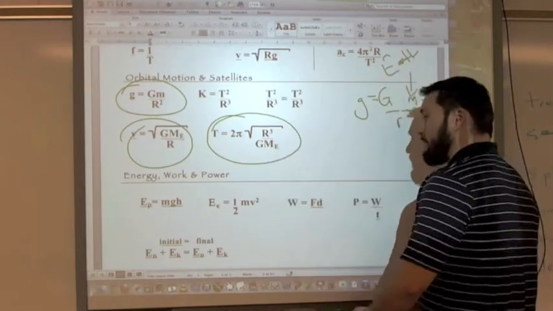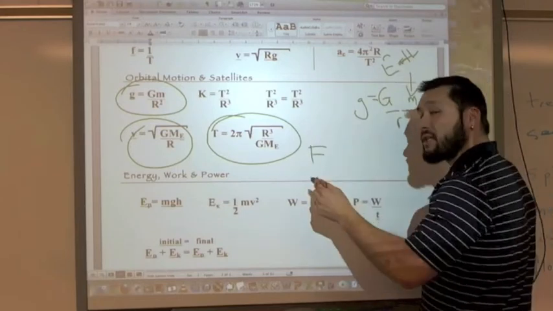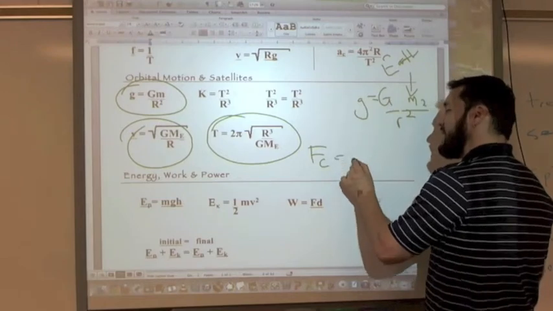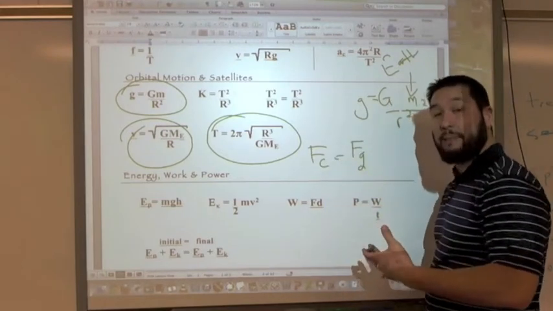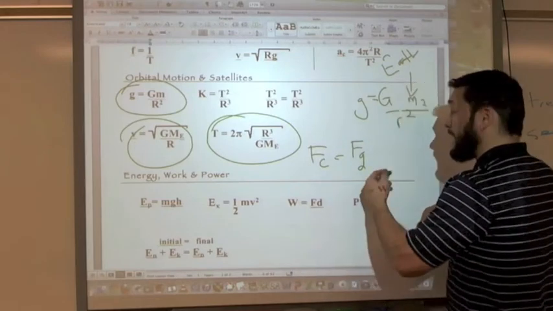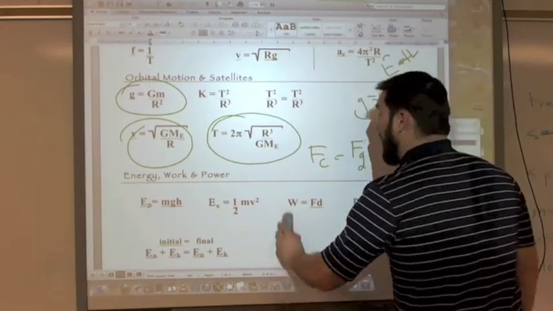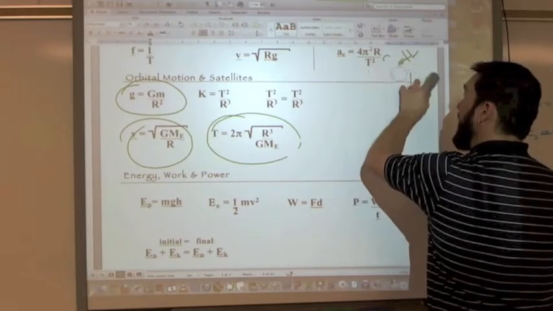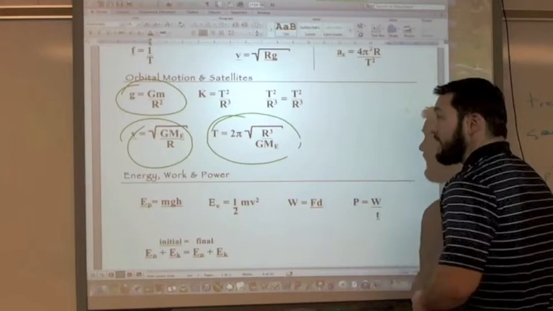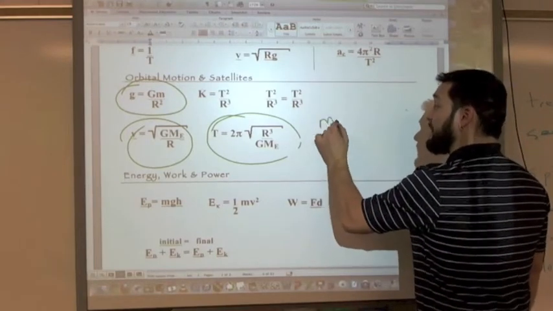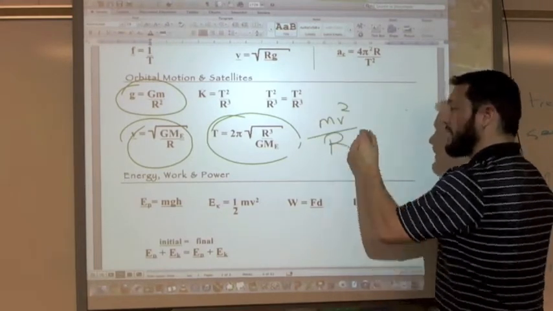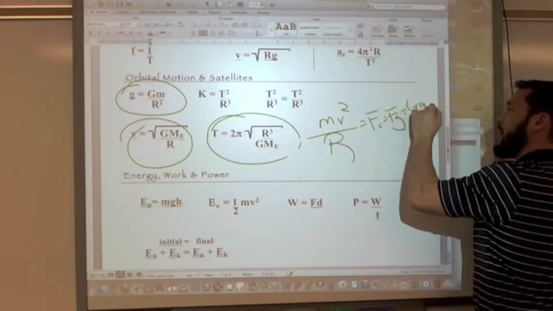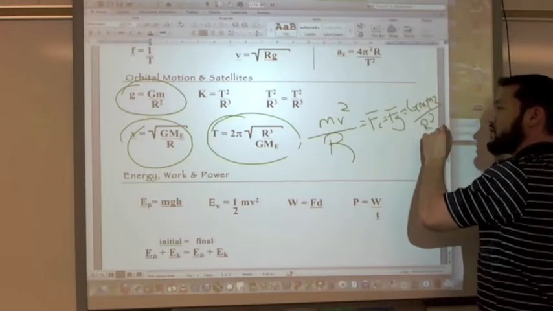Now, the other ones are, if an object is in orbit, we're saying that at that particular point, the Fc is equal to a force of gravity generated by that object, like the Earth, for example. And we just simply combine those two equations. If we look at the very first one, which is v is equal to the square root of big G, mass of Earth over r, all you're doing is taking Fc, which is mv squared over r, and making that equal to Fg, big G m1 m2 over r squared.